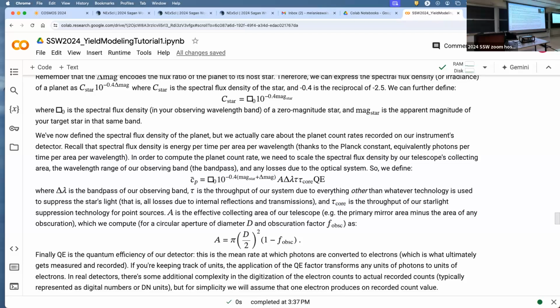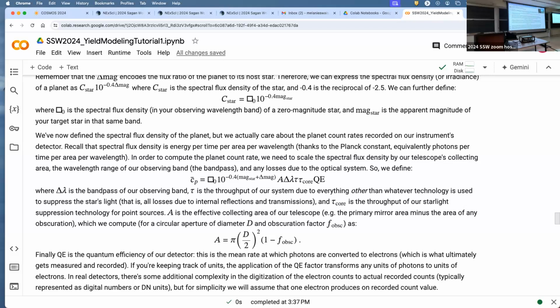And then there's a throughput that describes the performance of your coronagraph. This is just meant to describe the throughput of the core of the coronagraph. So the losses that you see here are because of the focal plane mask and the Lyot mask. We're not talking about the reflectivity of the surfaces of the mirror.